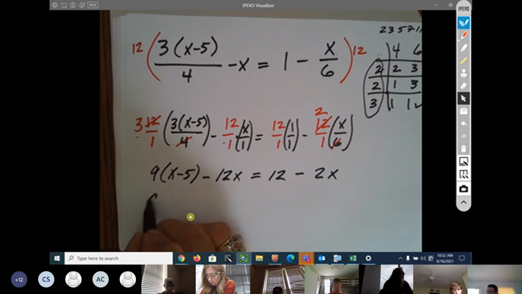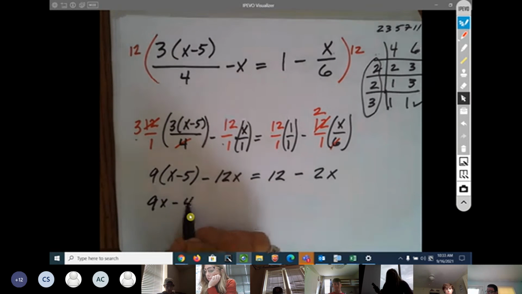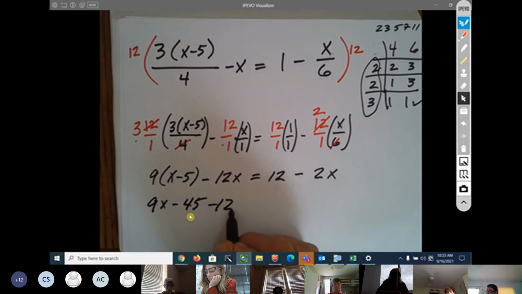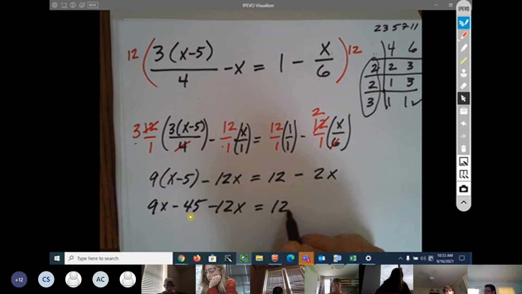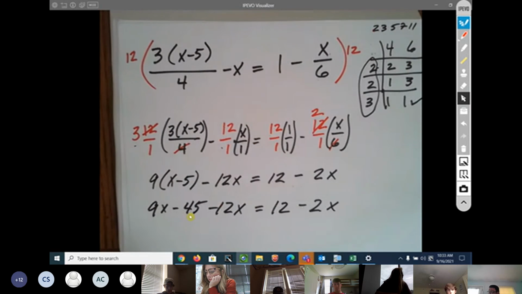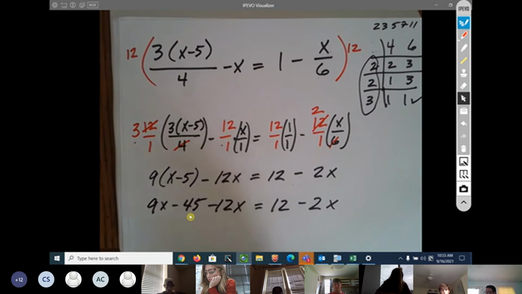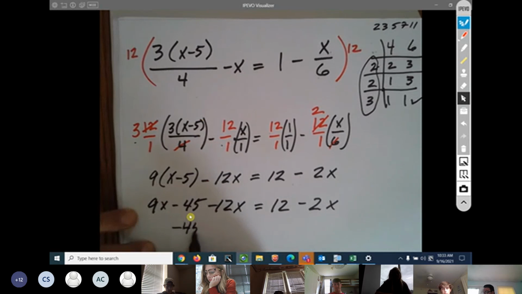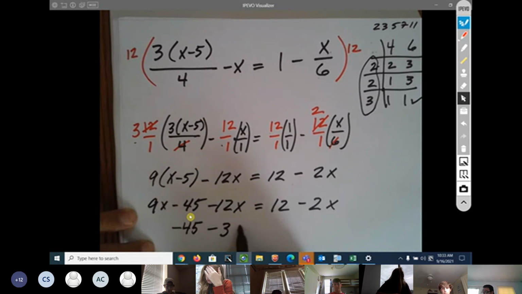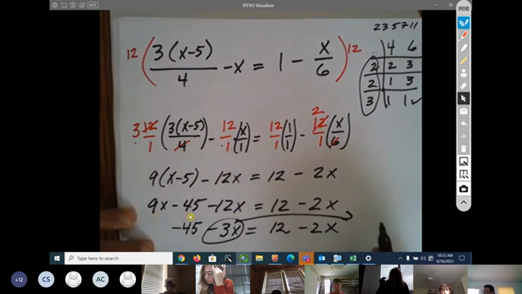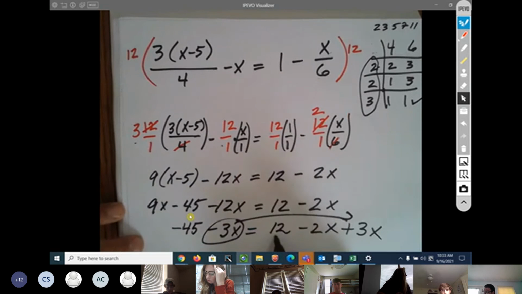And 9x minus 45 minus 12x is equal to 12 minus 2x. 9x minus 12x is negative 3x. So I'm going to take the 3x across the river and bring the 12 across the river.